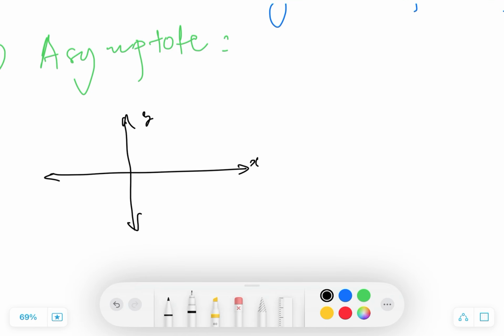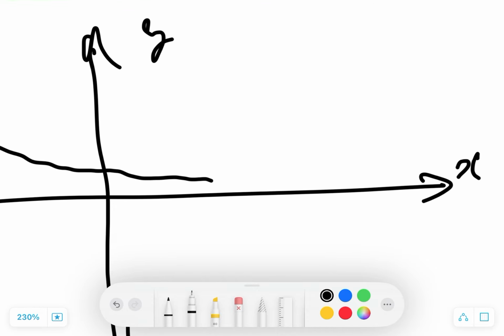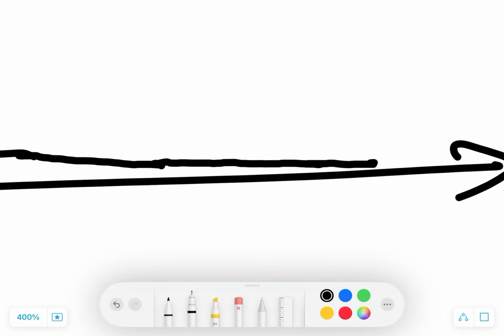Y-axis, x-axis. So this graph coming from this direction, the negative gradient, it can get closer and closer to the x-axis, but will never touch the x-axis, right? So it can get closer and closer, but we just draw an arrow to show that it continues.